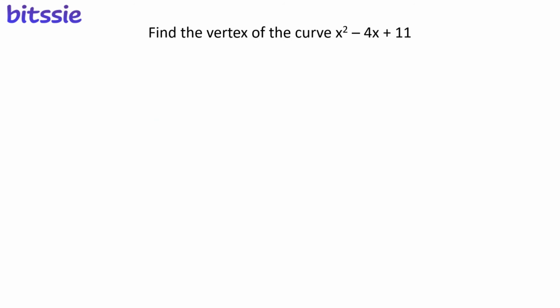And the final type of question that we can get involving completing the square is finding the vertex. So if we sketch a quadratic curve here, this isn't x² - 4x + 11, but just a generic quadratic. Our turning point would be this point here, the lowest point in the equation.